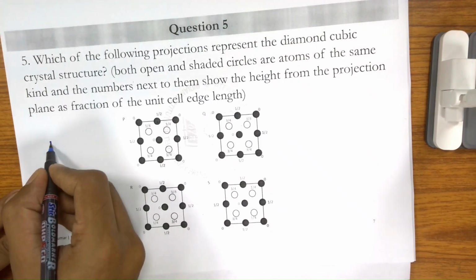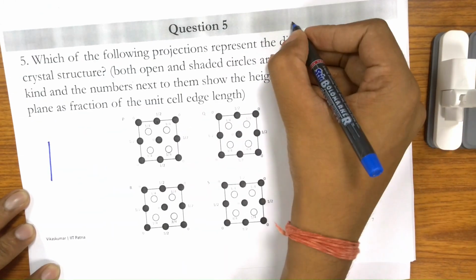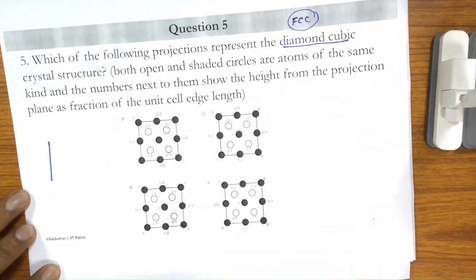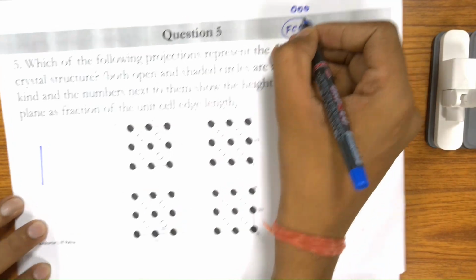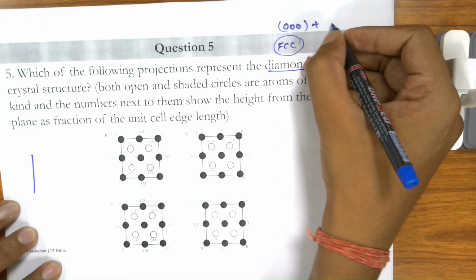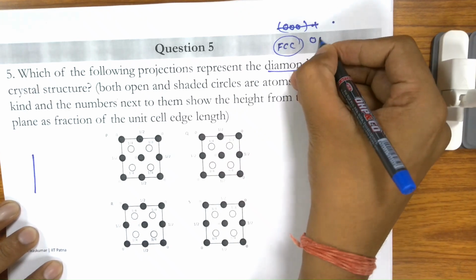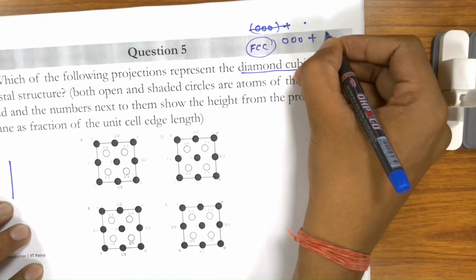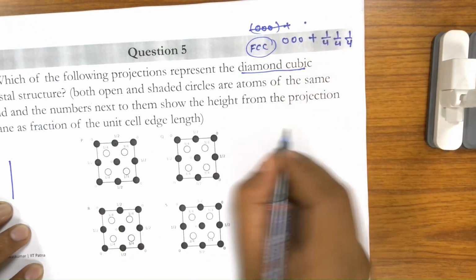So what we know is that the diamond cubic is an FCC with a motif of 0 0 0 plus one more position, that is 1 by 4, 1 by 4, 1 by 4.